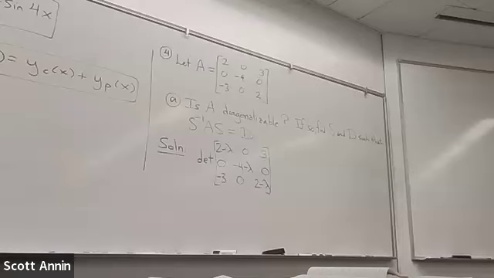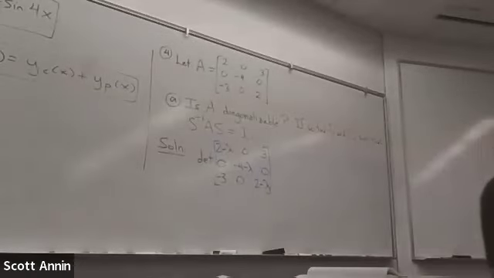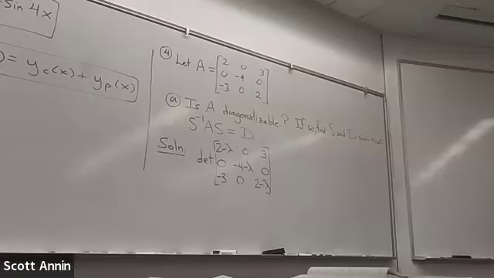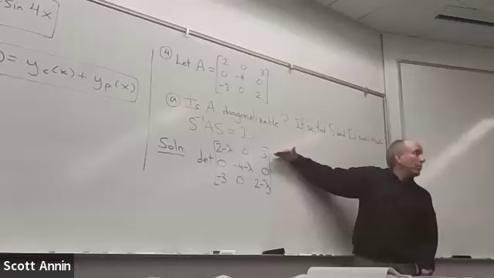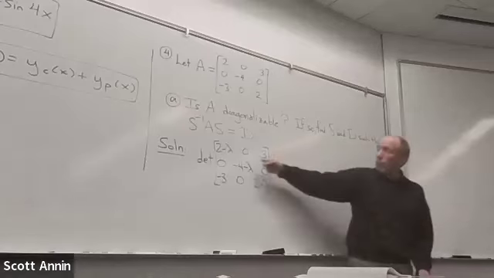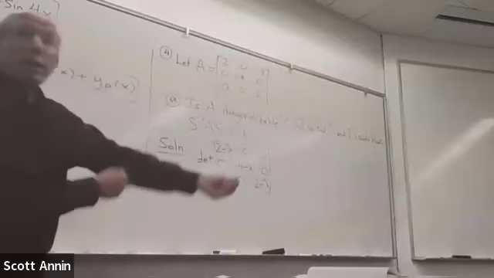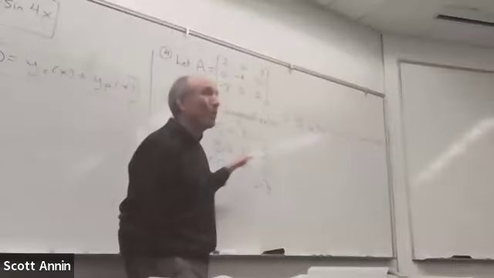Does anybody see a good row or column here? Somebody besides the same suspects? Angelo, do you want to give me an idea? The top row would certainly work, any row or column is fine. I probably would not pick that row though, because I only have one 0 there. Is there a better choice, Gwendolyn? Yeah, how about row 2? Row 2 is going to be much nicer because there are 2 out of 3 zeros here.